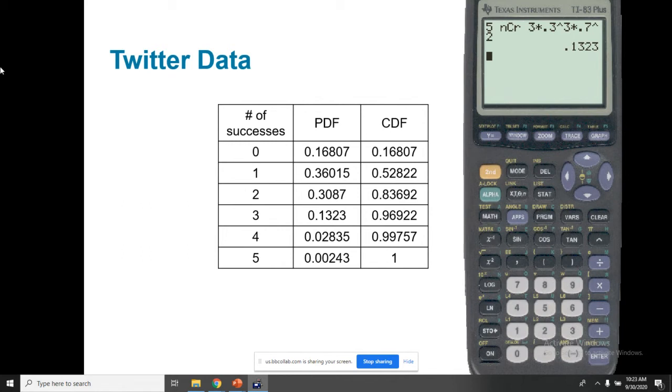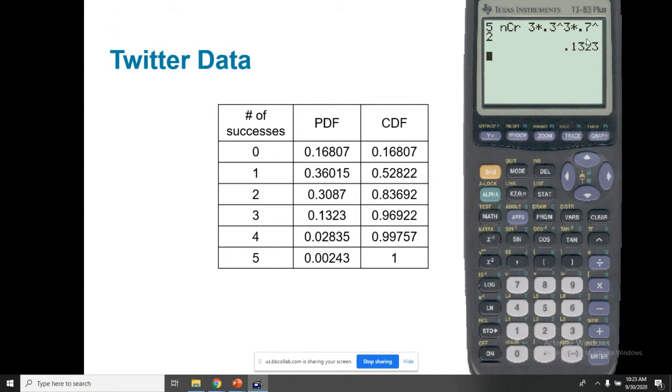In the first column we have the number of successes, that's the number of people that will know what Twitter is. We have no people knowing what Twitter is, just one person, and the probability that 3 people will know what Twitter is is 0.1323.